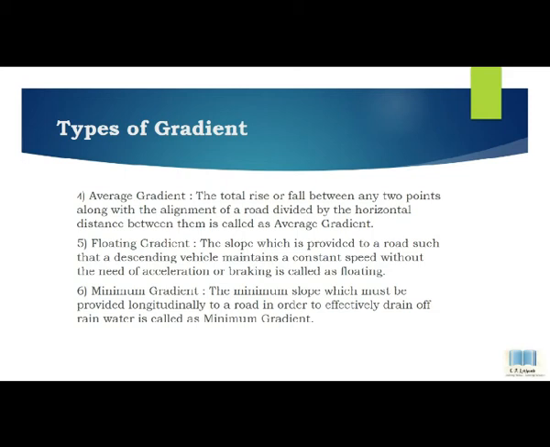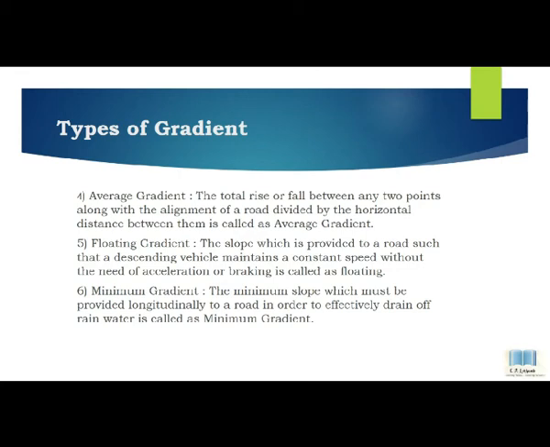Means when we are traveling on the road, we can travel smoothly without changing the speed of the vehicle. When this condition occurs, that is, we can travel without changing the speed of the vehicle, then this road has the floating gradient. Okay.